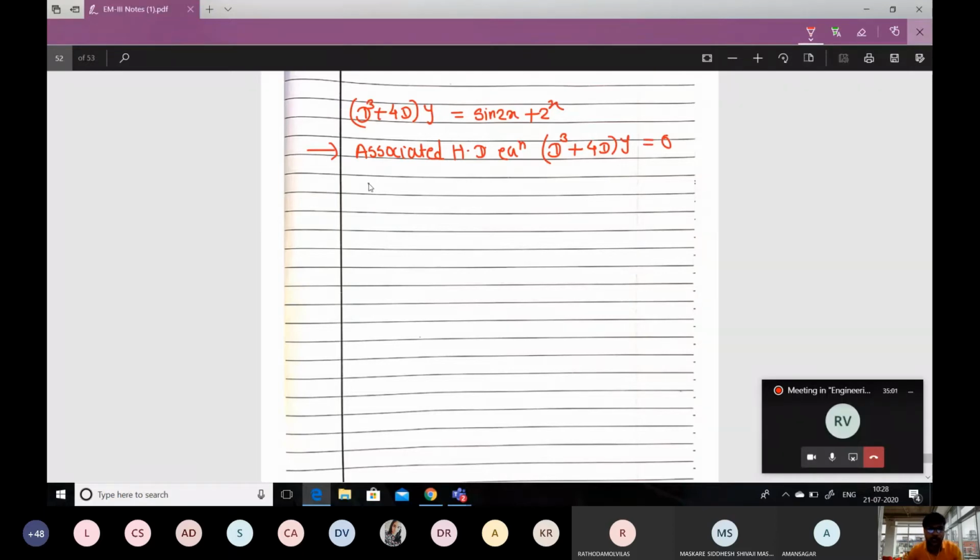Okay, and therefore the auxiliary equation is d cube plus 4 times d equal to 0.